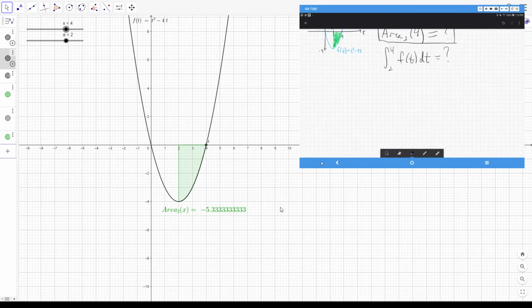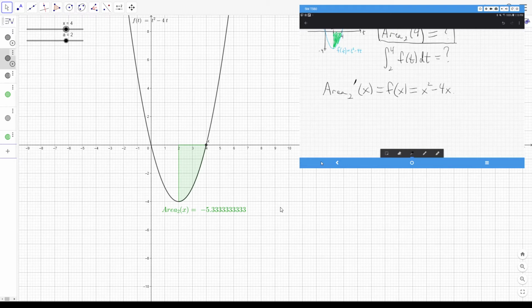But we had discussed before that the derivative of this function with respect to x is f of x, which is x squared minus 4x. That's what the derivative of this area function is. My variable in the area function is x, and so instead of t squared minus 4t, I've written x squared minus 4x. Okay?